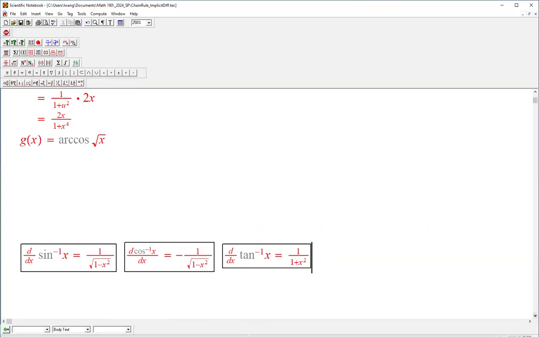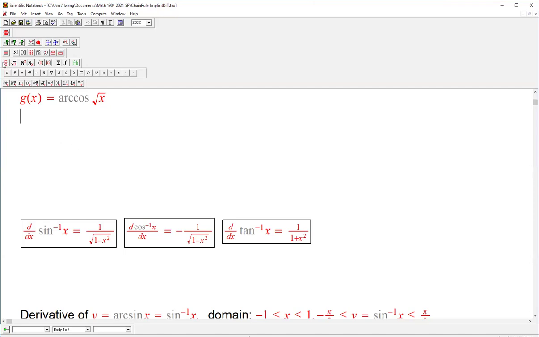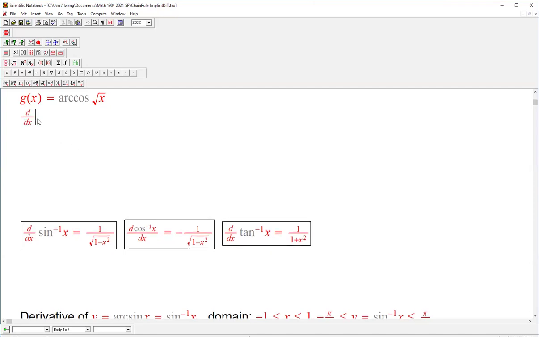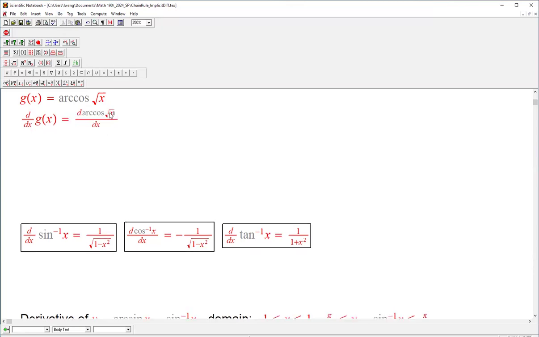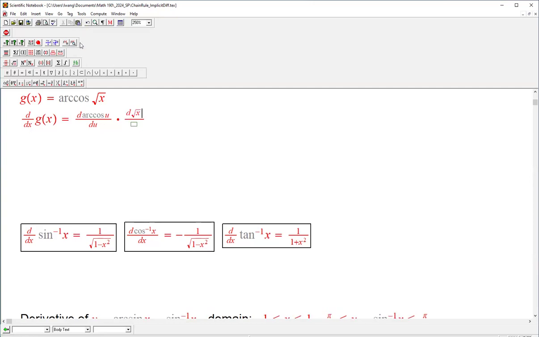All right. So now we're going to take a derivative of arc cosine of square root of x, right? The derivative with respect to x on g of x, that's going to be the derivative with respect to x on arc cosine square root of x. If we assume that arc cosine of x is arc cosine of u, right? Then du dx, and u is square root of x.